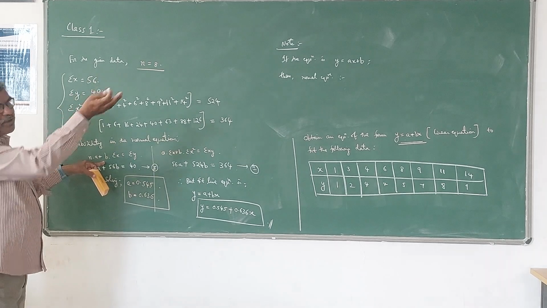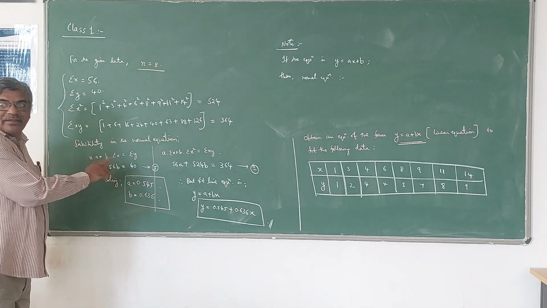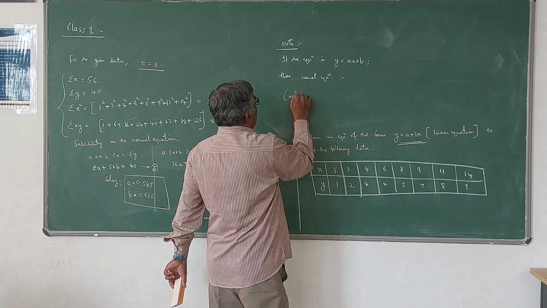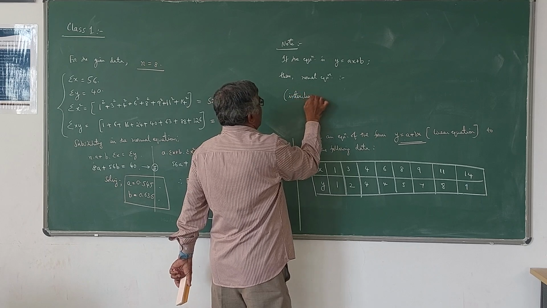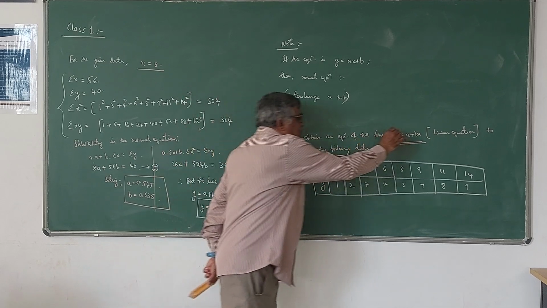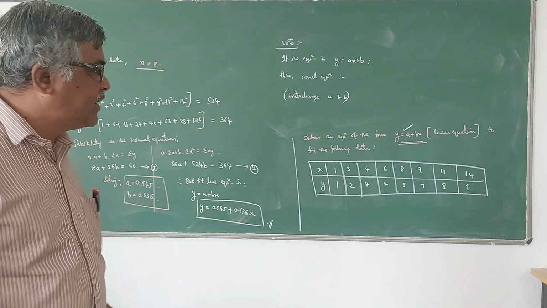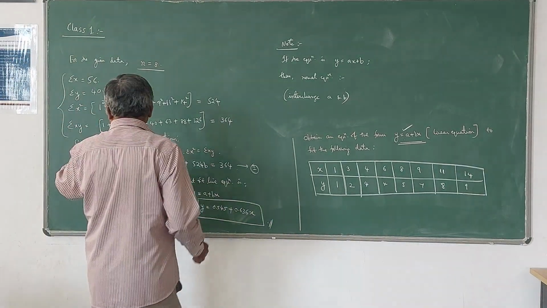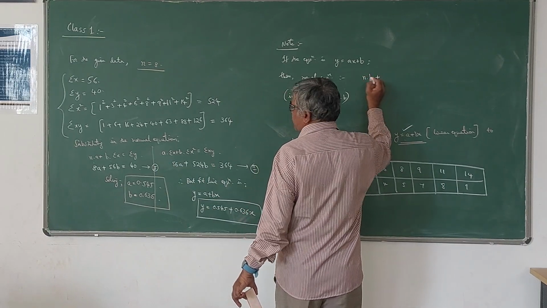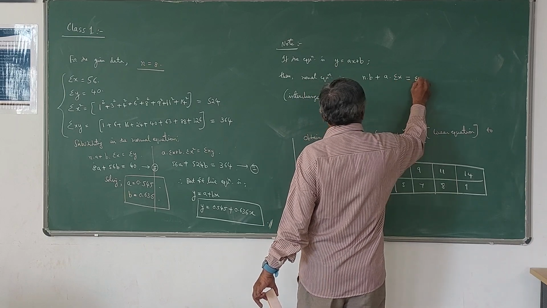For ax plus b, you have to interchange a and b here. That's all, nothing else. If it doesn't give any equation, then you can fit the earlier form. If they ask y is equal to ax plus b, then this equation becomes n into b plus a into sigma x is equal to sigma y.